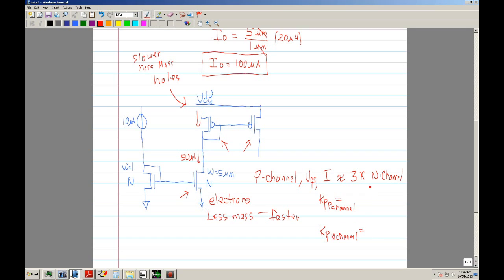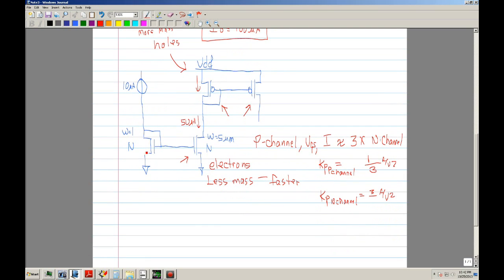When you look at those parameters, the P channel Kp is typically a third, 1/3 as much as the N channel, or you can say that the N channel is 3 times bigger. And the units are amps per volt squared.